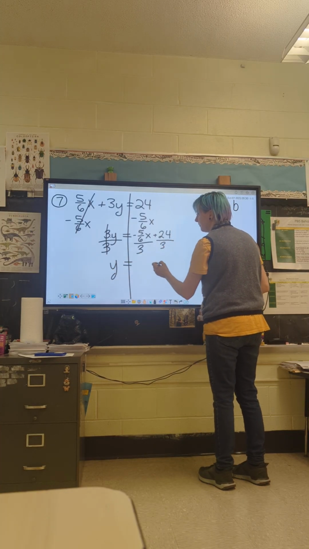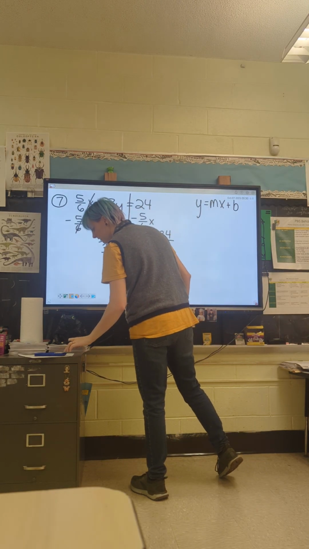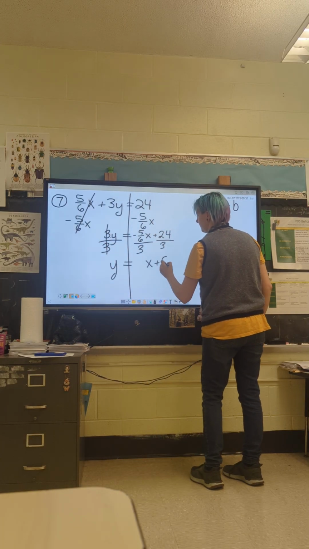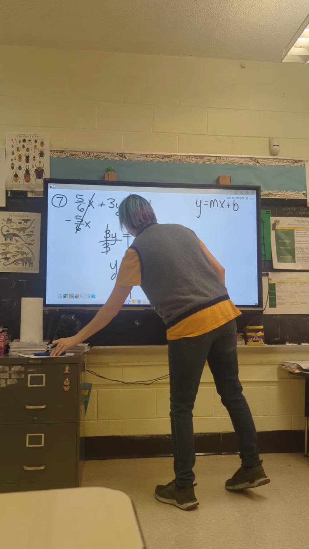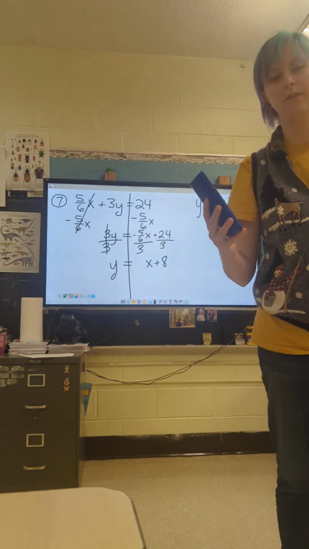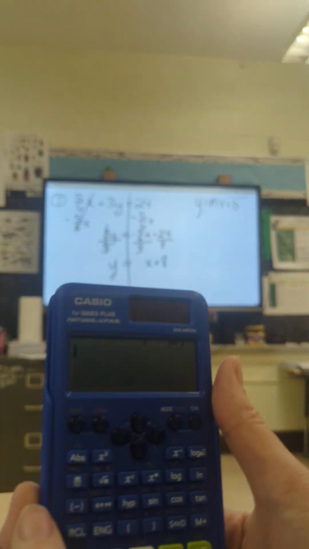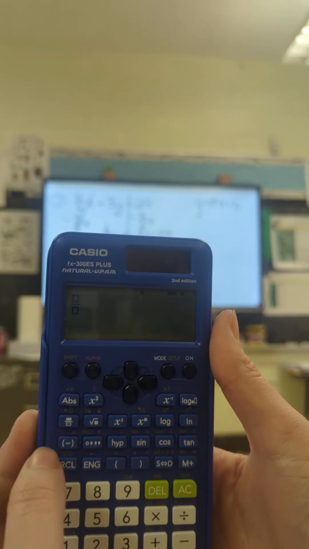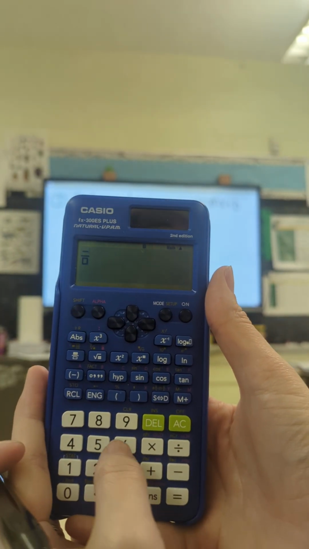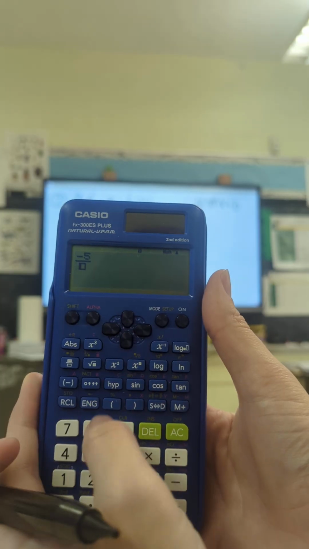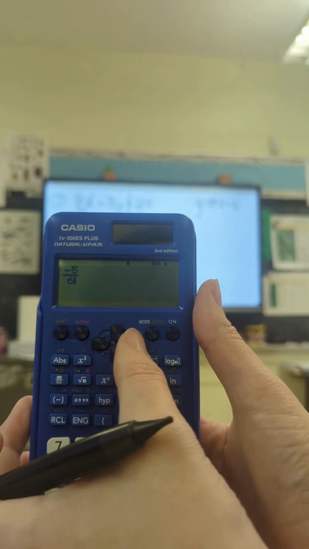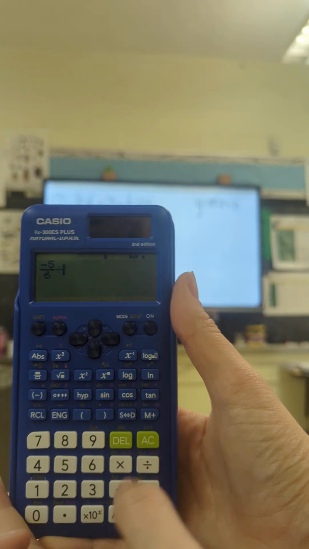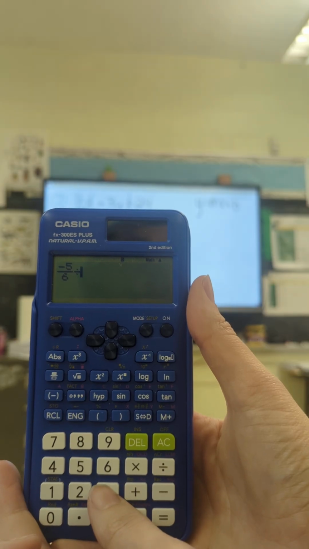That's a number. X plus, what is 24 divided by 3? I think it's 8? 8. Yep, okay. -5/6 divided by 3. We are going to take your fraction key, your negative, 5, down, 6, get out of the fraction, hit divide, and the number 3.